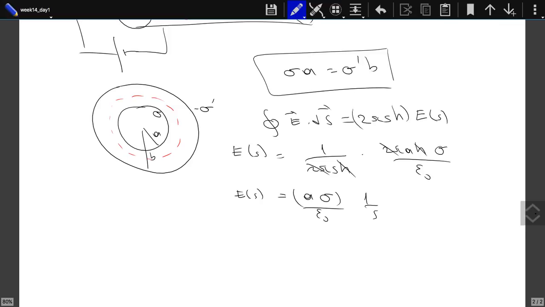Now we can determine sigma by relating this to the potential difference that we apply.